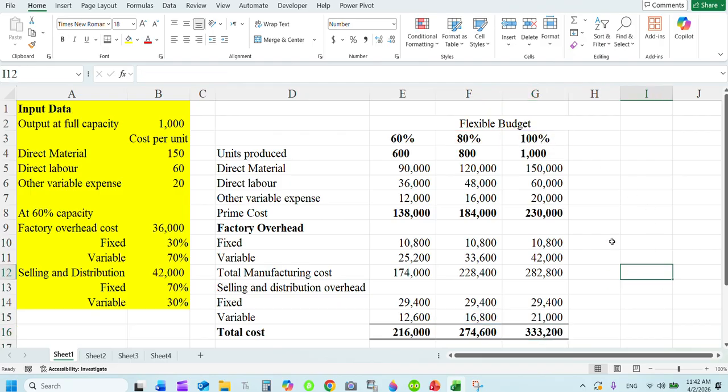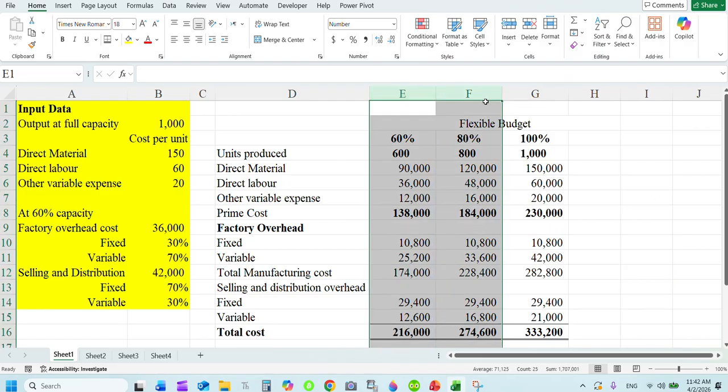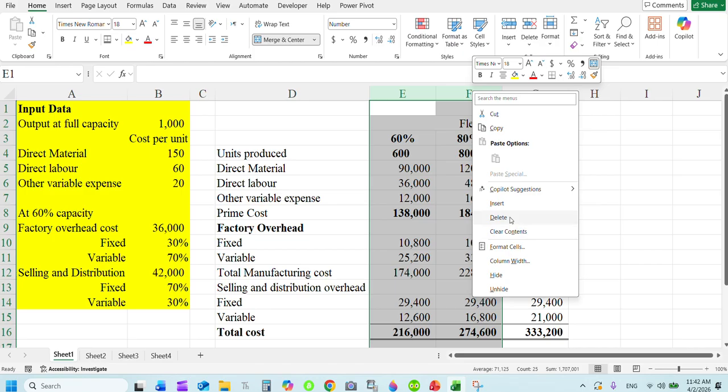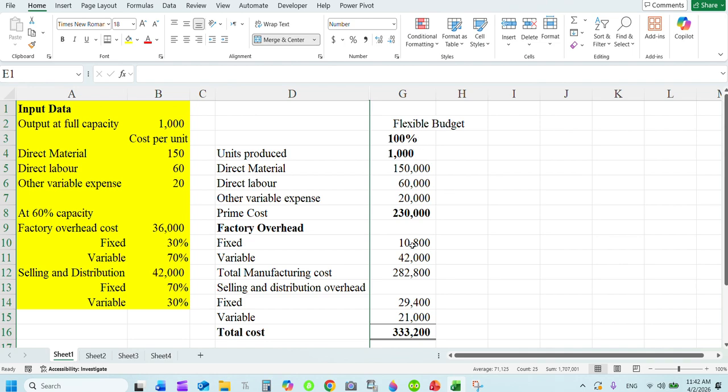This is what we call flexible budgets. So you can now see, right? Now think about if you simply prepare a budget only for this output level of 1,000 units, and your actual output level is 800 units.